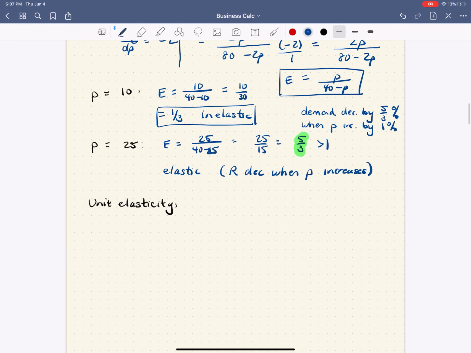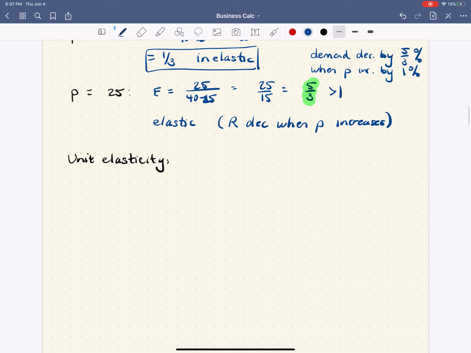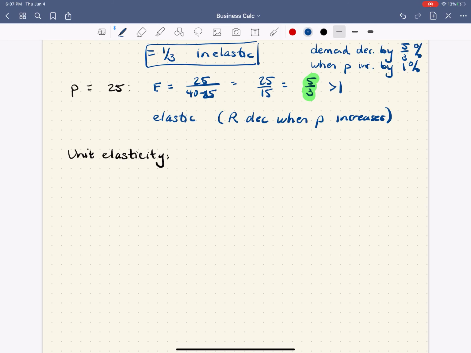So, of course, one thing that might be on our minds all the time is, well, how do we maximize the revenue, which means how do I find the unit elasticity? Well, that means we want P over 40 minus P to be equal to 1. So we'll just have a little equation to solve here. We'll multiply both sides by the denominator, so we're going to get P equals 1 times 40 minus P. I'm going to add a P to both sides.